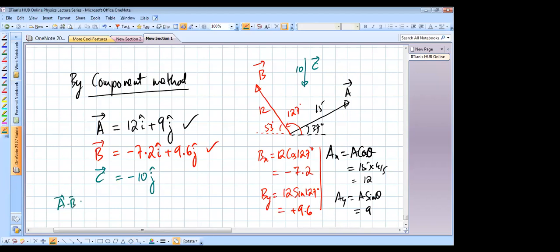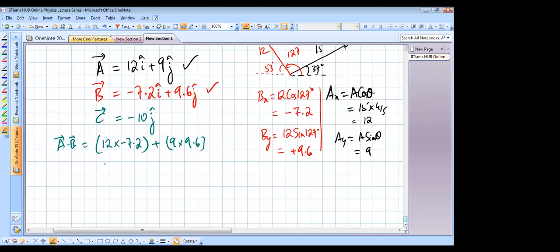So now we can see that A dot B will be 12 into minus 7.2 plus 9 into 9.6. So when you work this out, you can see this will come out to be 0.